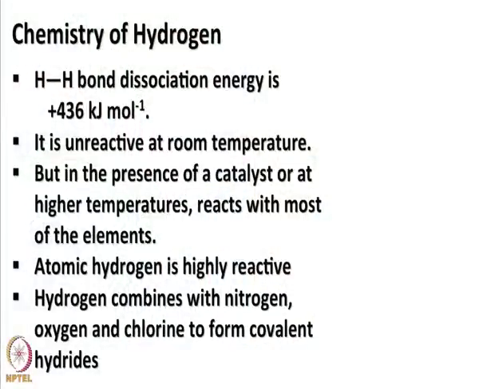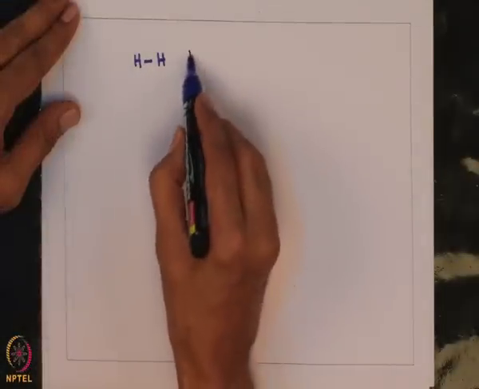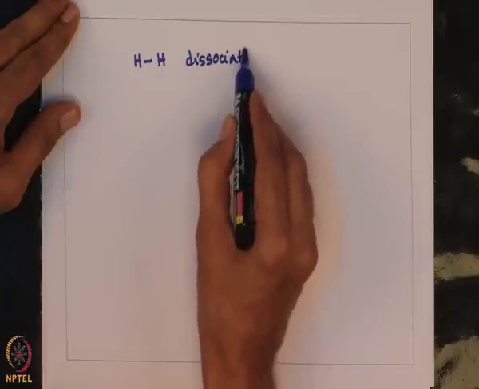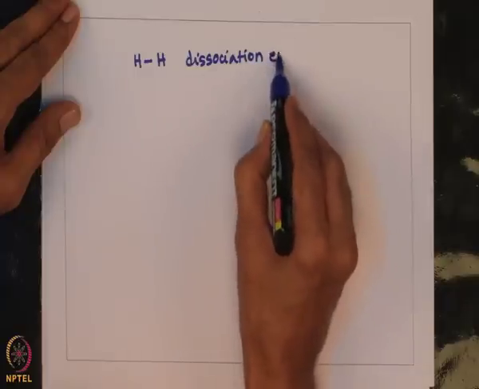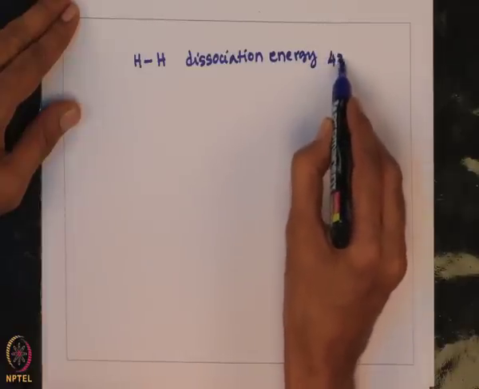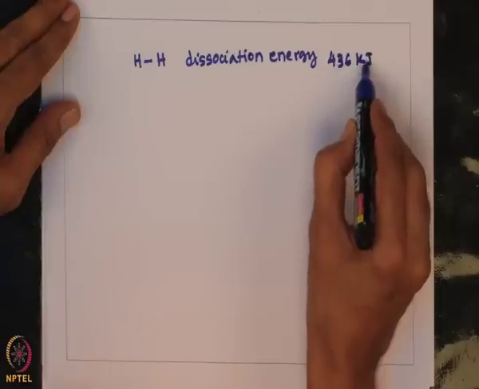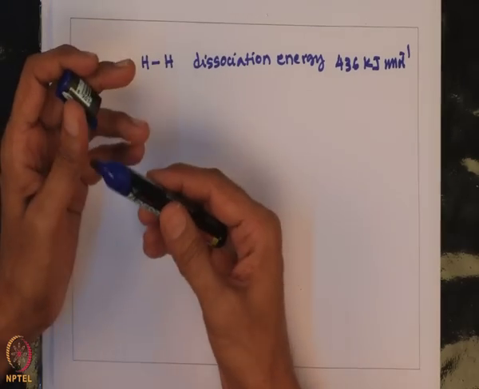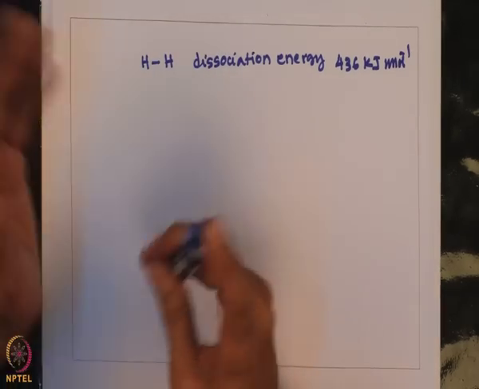Okay. So, chemistry of hydrogen is quite interesting. The hydrogen bond dissociation energy is 436 kilojoules per mole. This is highest for any combination of two atoms with a single bond.